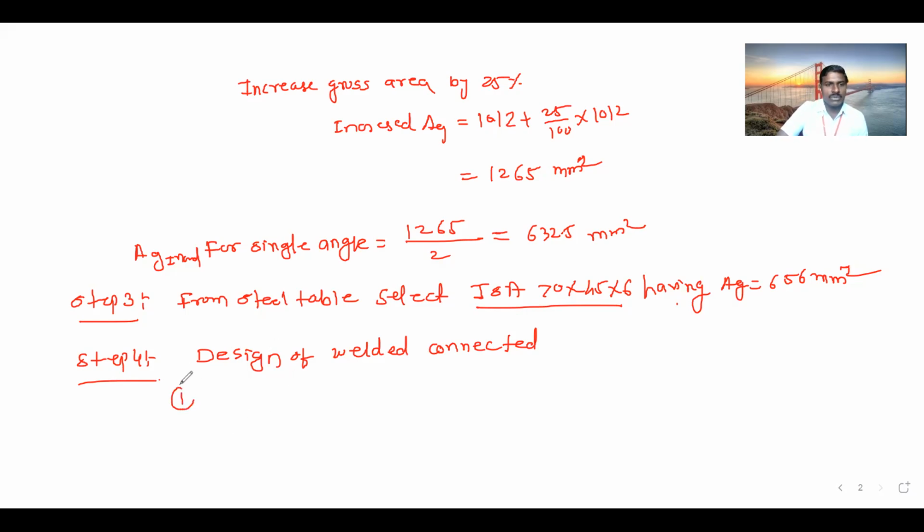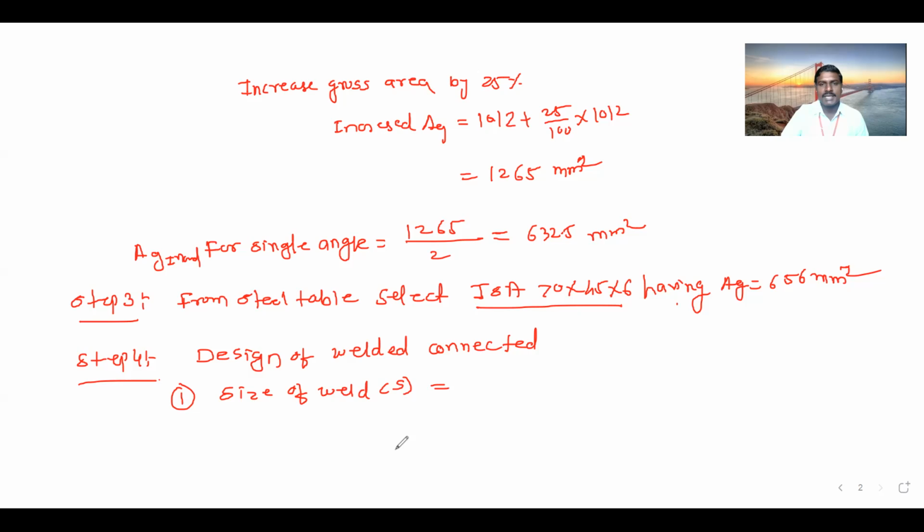Okay, so what we have to calculate initially? Initially we have to calculate the size of weld. Size of weld, S is equal to how much? How to calculate size of weld? For that we have to go to page number 78 of IS 800:2007, table number 21. How much thickness of gusset plate is given in the problem statement? 10 mm. So for 10 mm we have to go to table number 21.